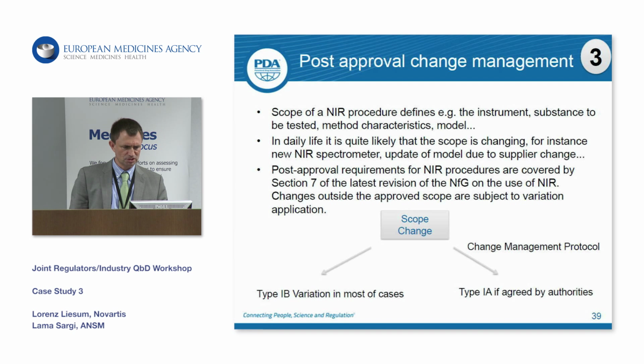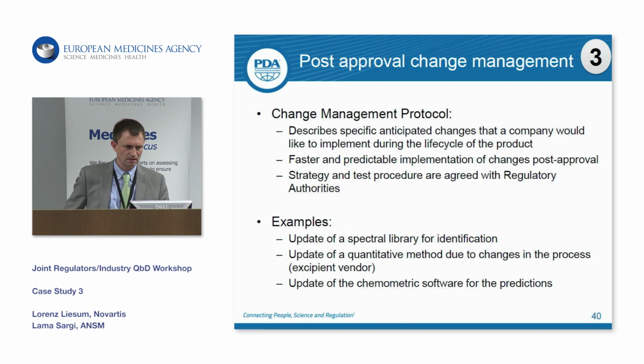In the latest revision, it says that changes outside the approved scope are subject to a variation application. Normally this might be a type 1B variation, but in case the company provides a change management protocol, it might be only a type 1A variation.